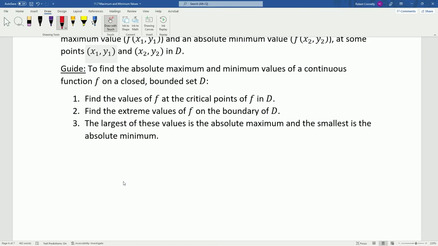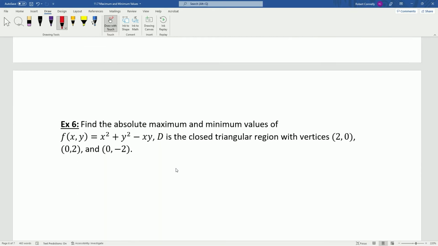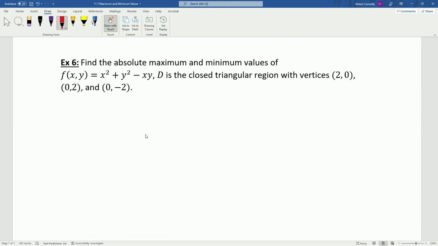So, let's just kind of tackle a problem here, and that should help make this idea clear. Find the absolute maximum and minimum values of this function on the region D that is a closed triangle with vertices (2, 0), (0, 2), and (0, -2). So first, let's find the critical points for this function. We'll find the partial derivative with respect to x is 2x minus y, and with respect to y is 2y minus x.